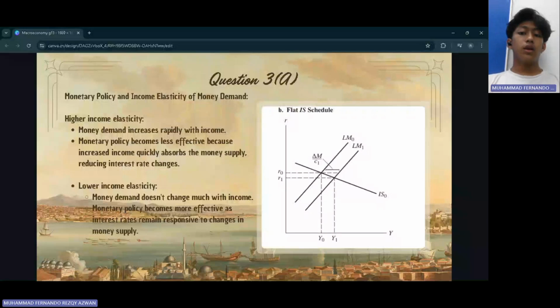But on the other hand, if money demand is less sensitive to income change, the same increase in income will have a smaller effect on money demand. This allows monetary policy to influence interest rates more significantly, making it more effective.